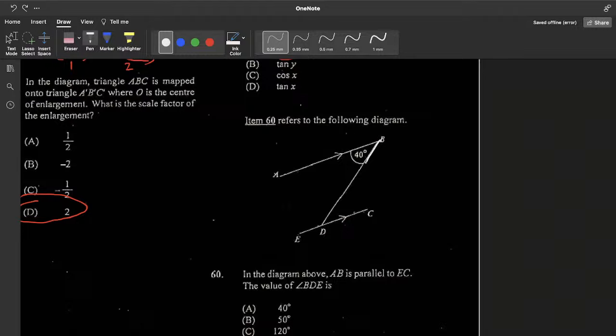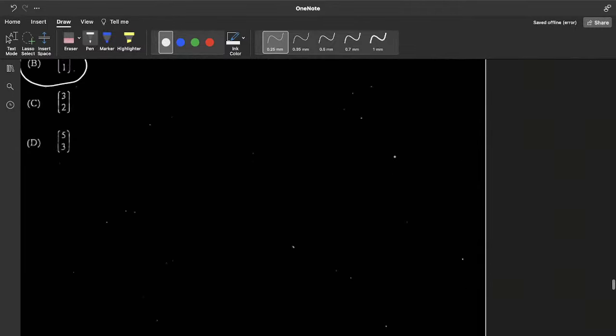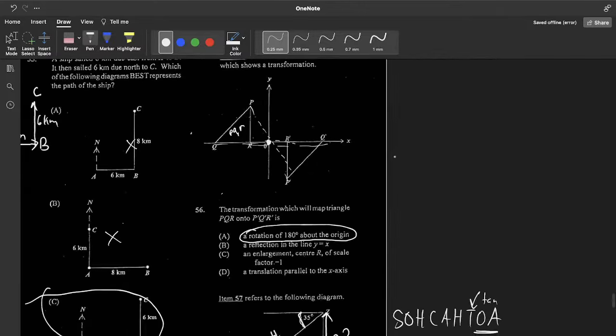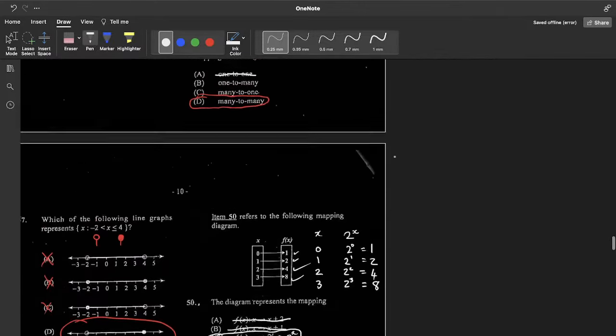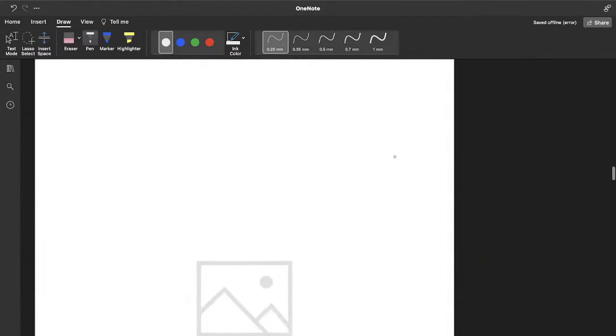We're going from B to D, then D to E. So we're looking basically for this angle here. If here is 40, I know that the opposite here is also 40. The alternate angle here is also 40 degrees. We had that in an earlier question.